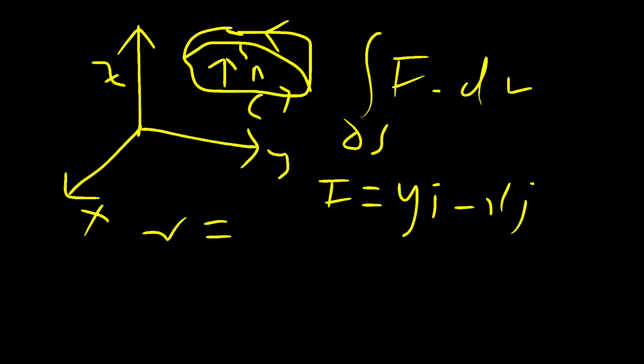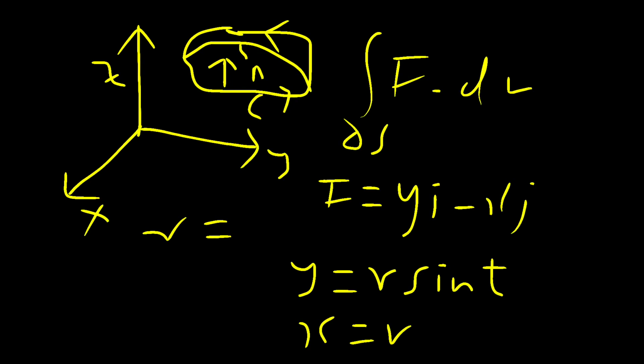From our polar coordinates, y is given by r sin t and x is r cos t.